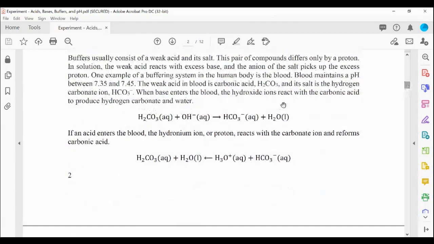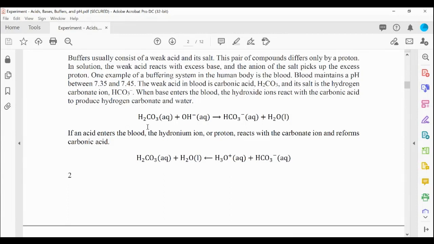Here we have an example, this is carbonic acid. So let's say I have a buffer. Usually a buffer is a weak acid and its conjugate base, or a weak base and its conjugate acid, which means this is a weak acid, carbonic acid.